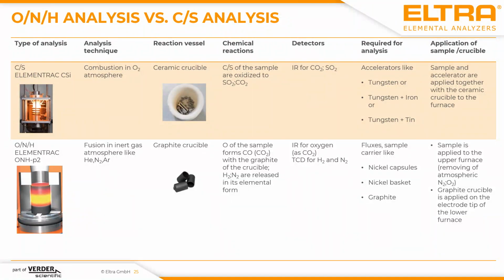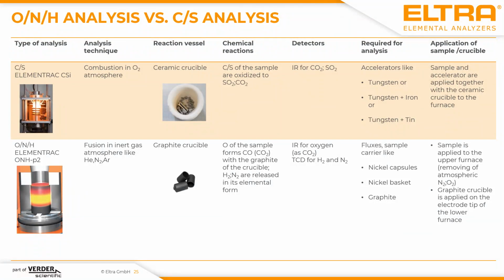In contrast to the CS analysis, oxygen, nitrogen, and hydrogen analysis is done with a different carrier gas. You cannot use oxygen because this is something which is in the sample and should not be present in the carrier gas. So the sample is always applied to a special zone which is called the sample chamber, and in this sample chamber the sample is freed of atmospheric gases like oxygen and nitrogen.